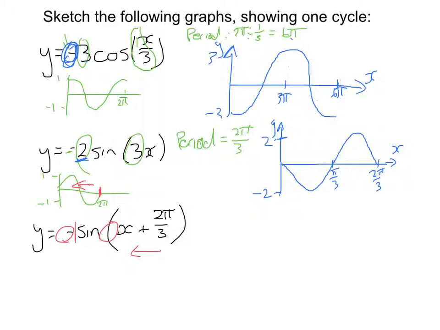So to sketch the graph, I'll go into the negative realm for this one. We only have to show one period. But to get an idea of what the shape of the graph is going to look like, I'll start with just a little demo copy here that we can use to explain it.